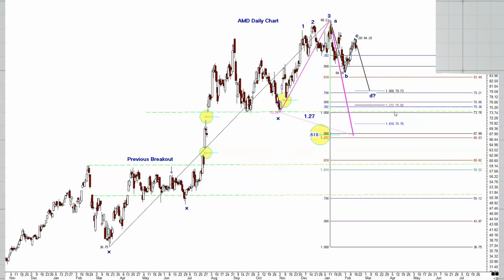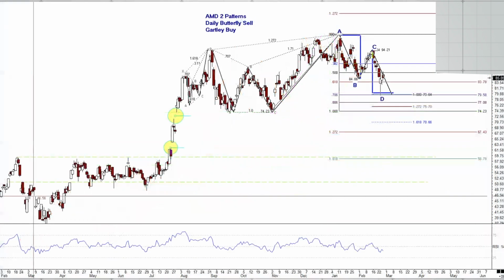So let's go now to the next chart and update AMD. So there's two different patterns now. Now we have the daily butterfly sell patterns that are playing out, and here's the ABCD that was projected from February 12th.